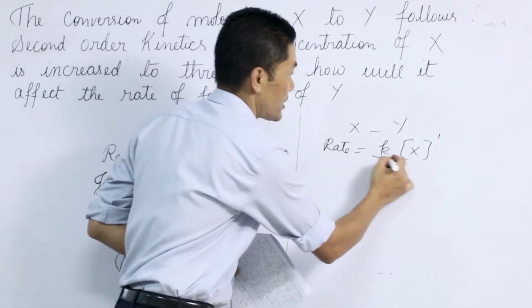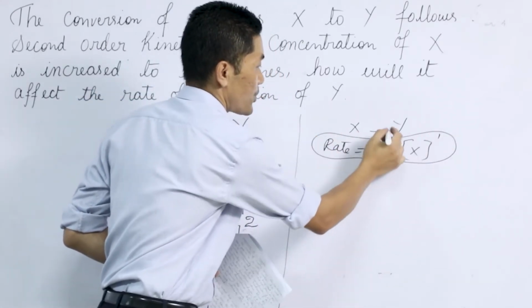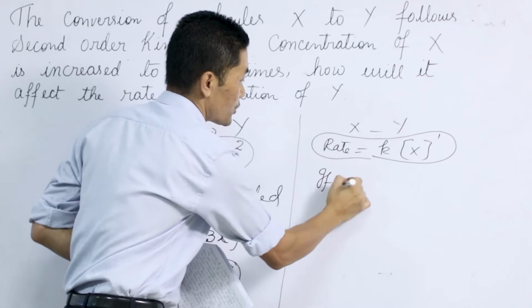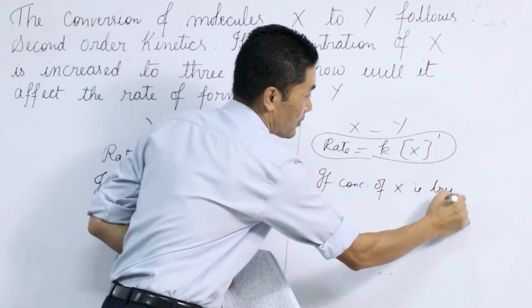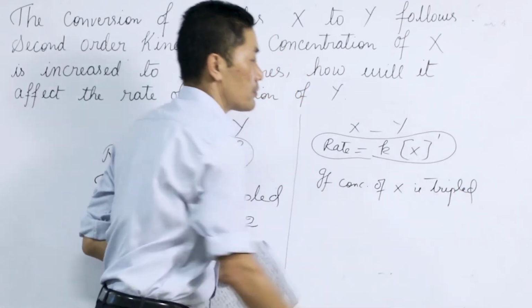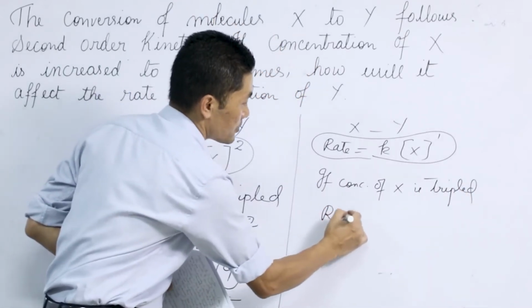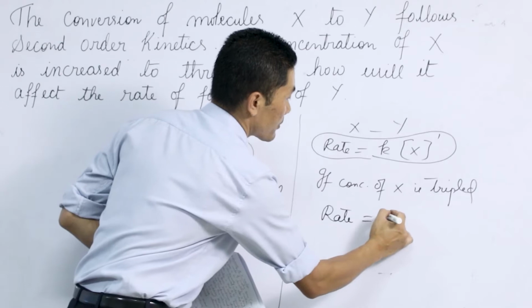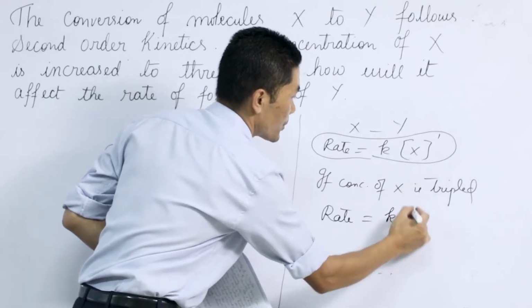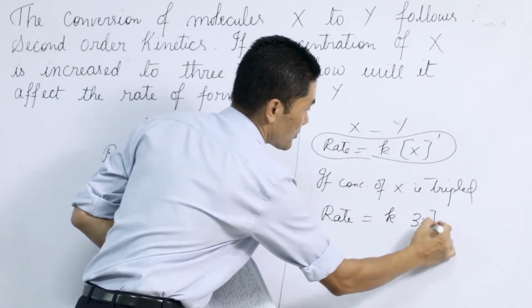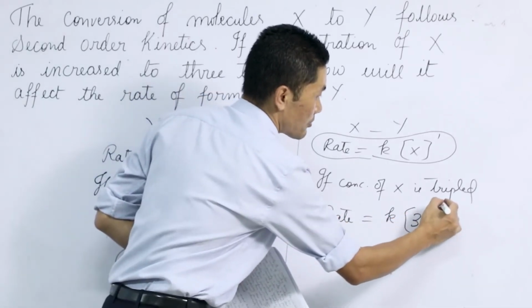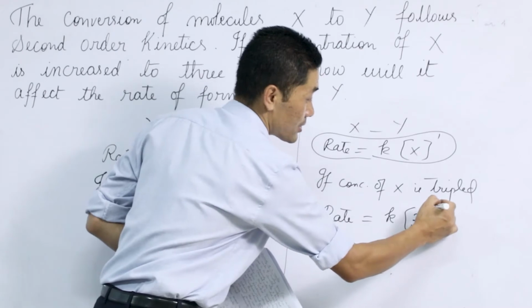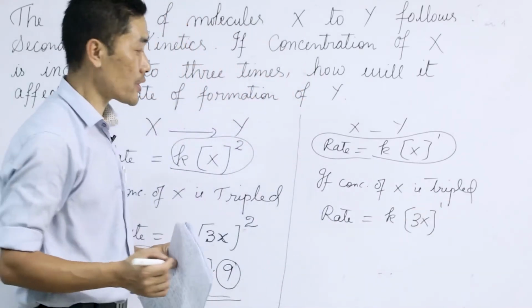If concentration of X is tripled again like before, then the rate becomes K into 3 times of X, but the power is 1 only because it is a first order reaction.